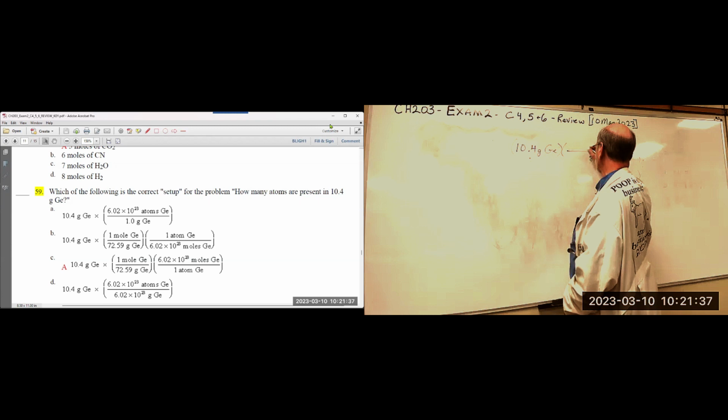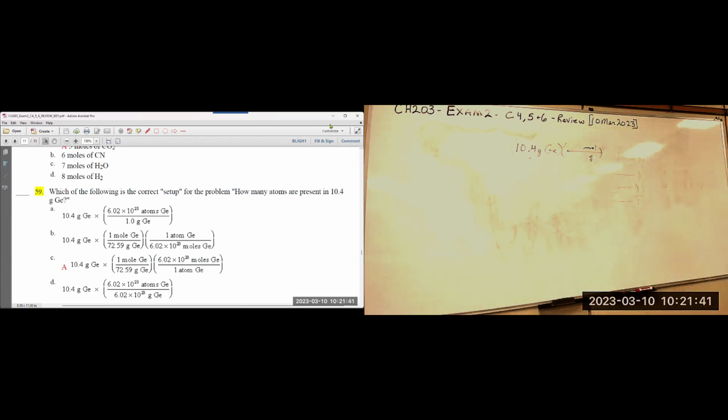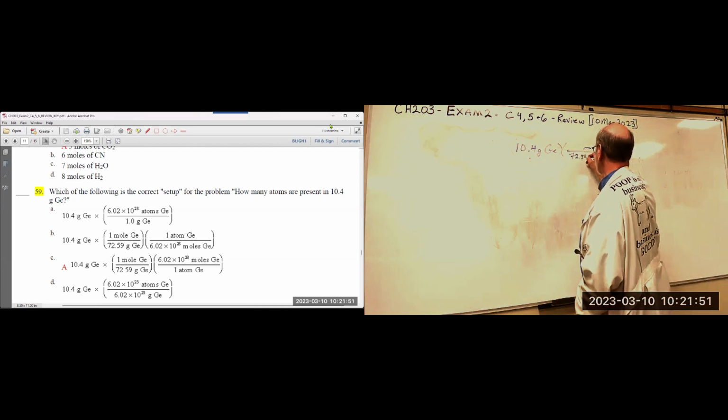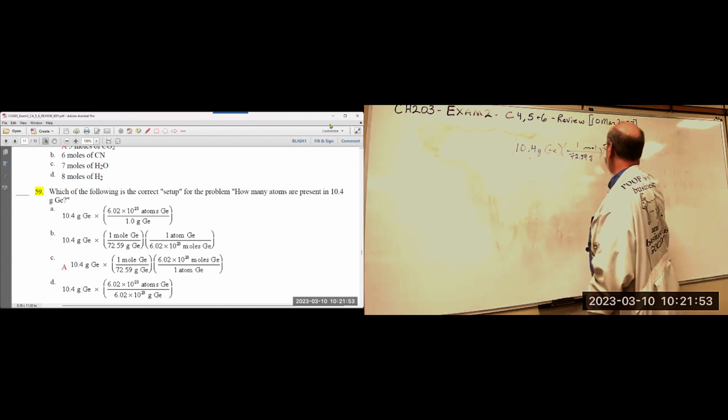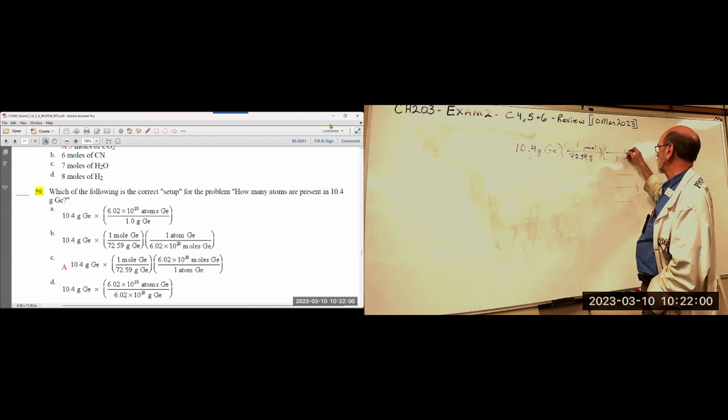So we need grams on the bottom, moles on the top. I've got to look up germanium. I don't have that one memorized. 72.59. That makes 1 mole. And then we convert the moles to the number of atoms. Cancel the moles, and we have atoms. And that's Avogadro's number.